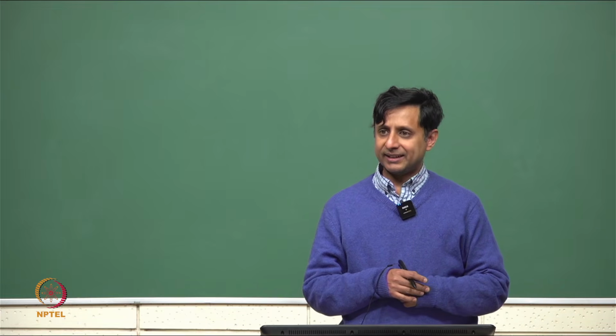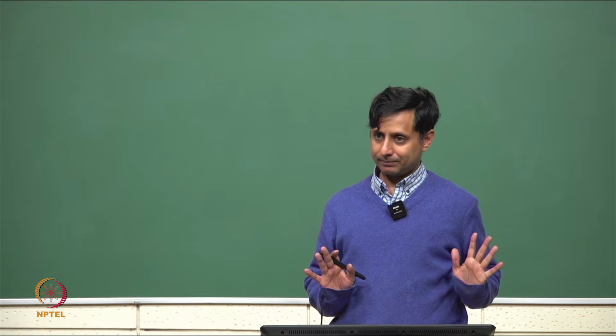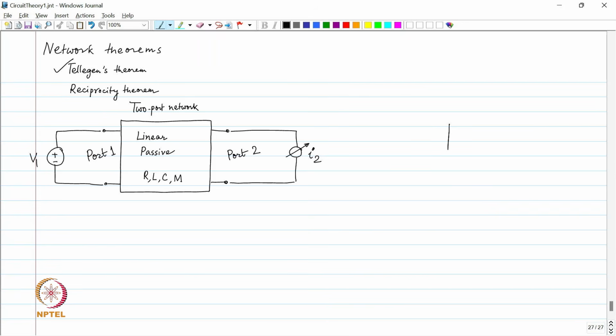Next, you dismantle this and take this 2-port network and apply V1 at port 2. The statement of the theorem says that now if you place an ammeter at port 1, you will get the measurement I2.